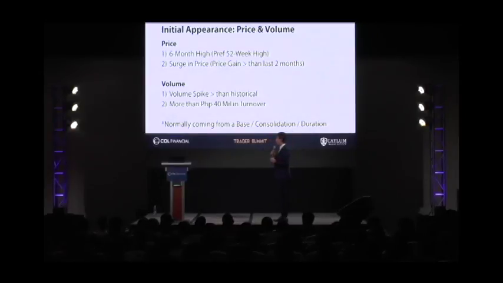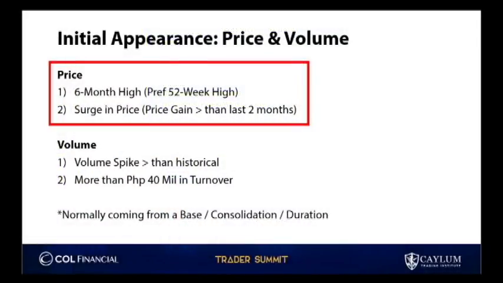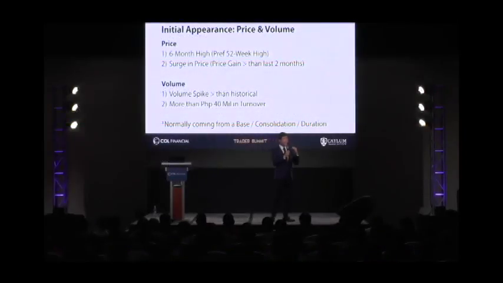Okay? So, first thing about price is that it has to be a 6-month high. Okay? Preferably a 52-week high. And the importance of having a 6-month high, it's because if it's at a 6-month or a 52-week high, is everybody making money? Yes or no? Yes. Okay? So if everybody is making money, what's the resistances? Meron ba? Wala.